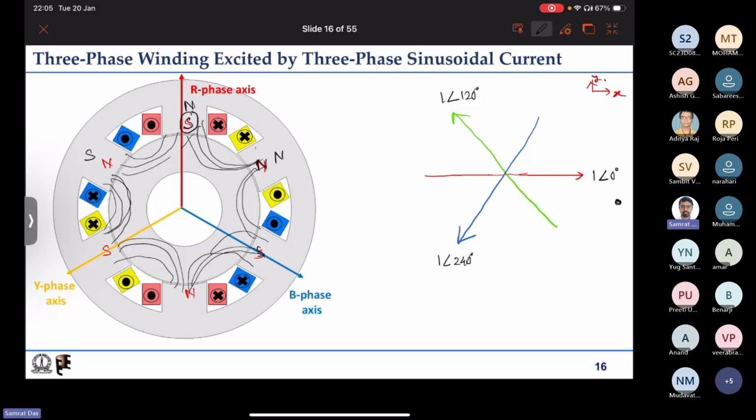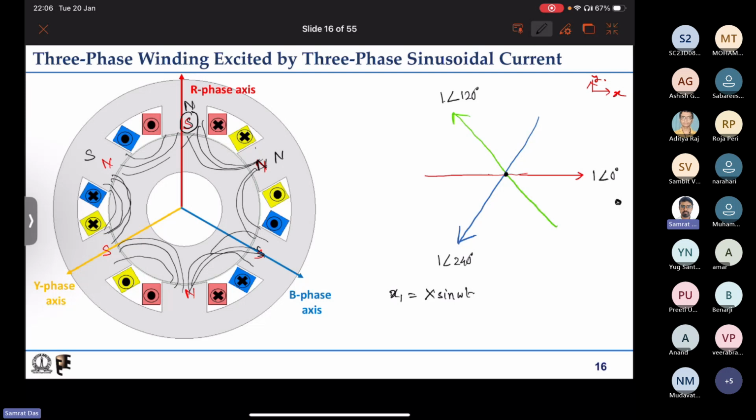Now say we have some quantity which we will plot along this axis. So the first quantity is, say, x1 equal to capital X sine omega t, let's say. So if I plot x1 along this red axis, at omega t equal to 0, x1 equal to 0, so the tip will be at the origin along this horizontal axis.